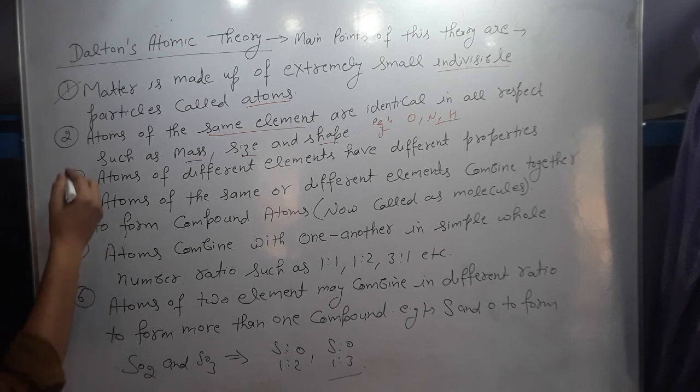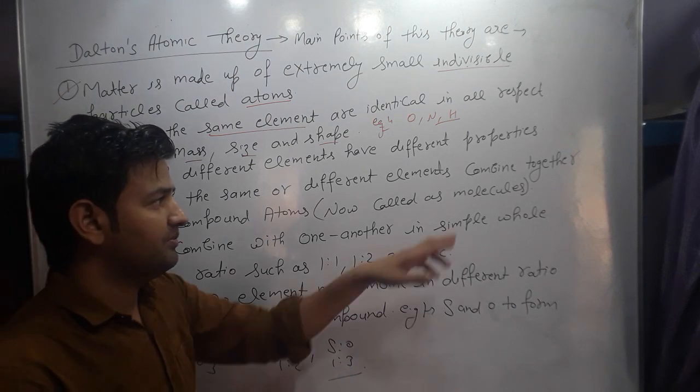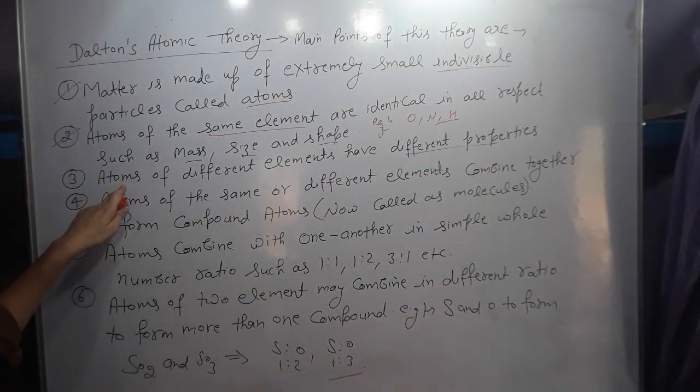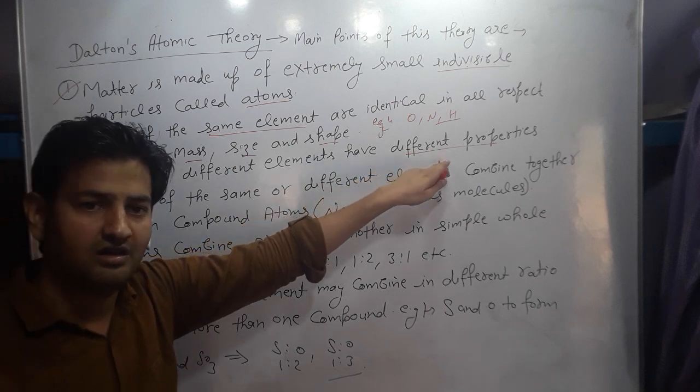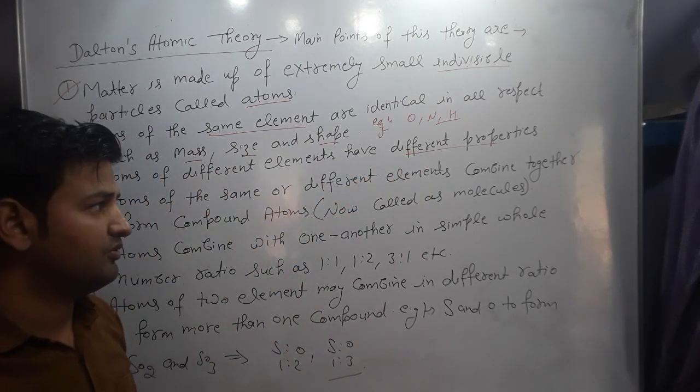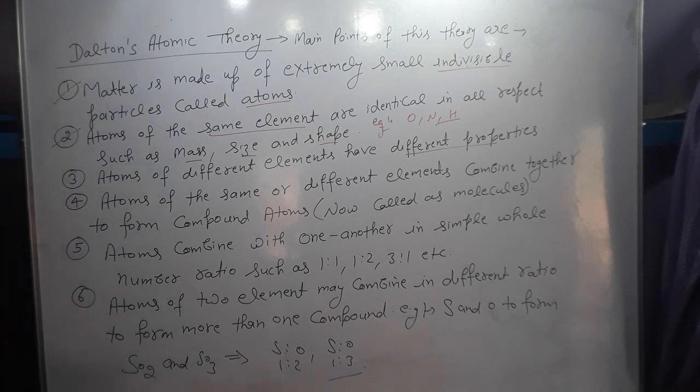The next point is that atoms of different elements have different properties. Different elements have different types of atoms, and their properties, meaning mass, size, shape, and chemical properties, are also different.